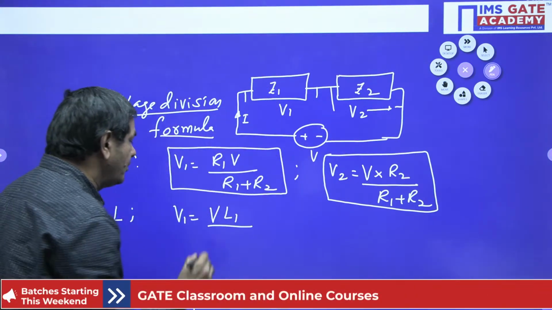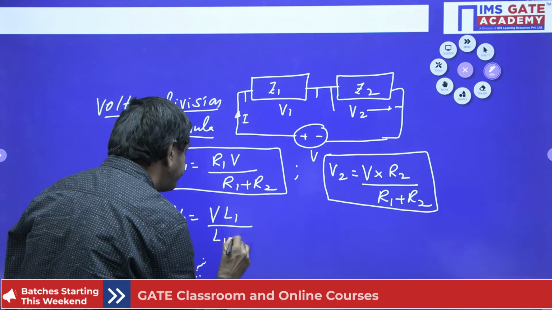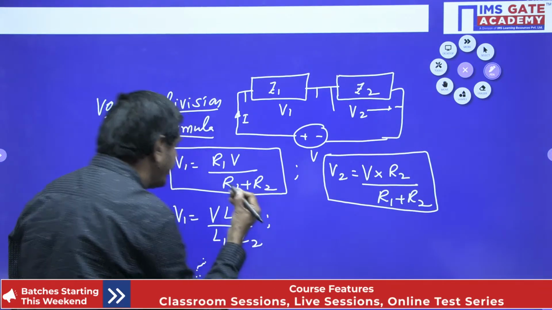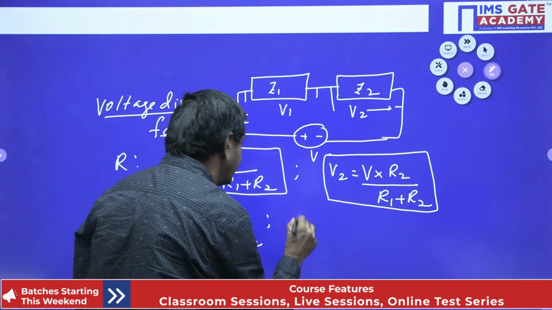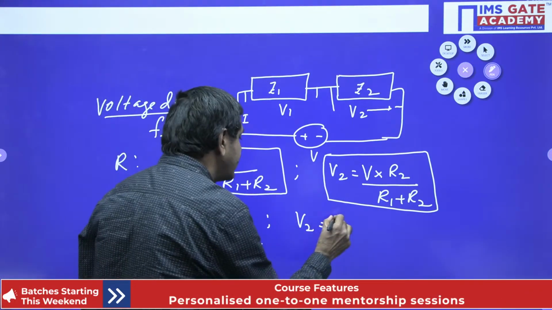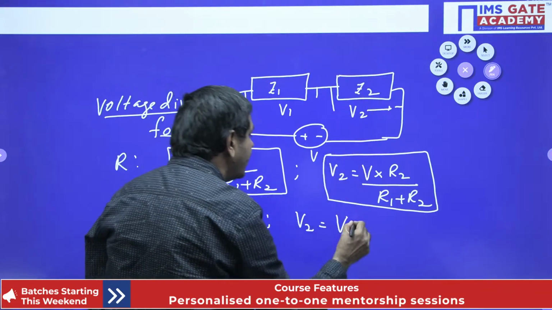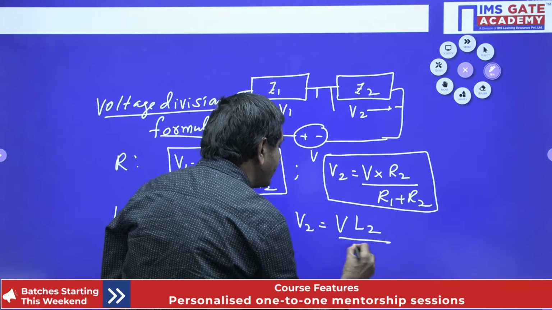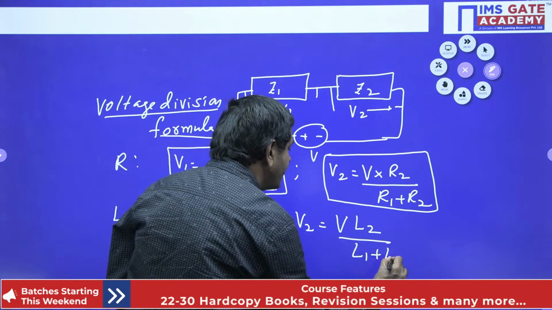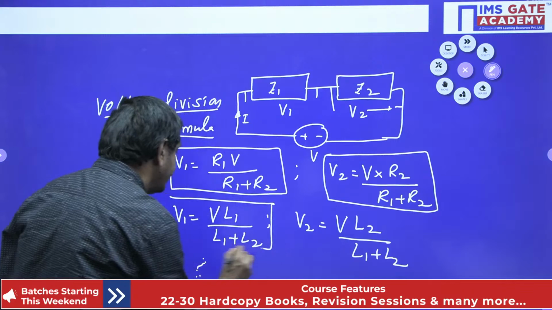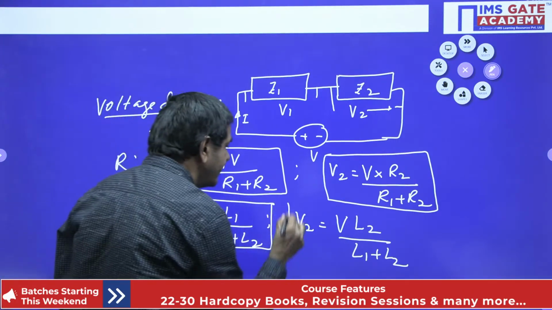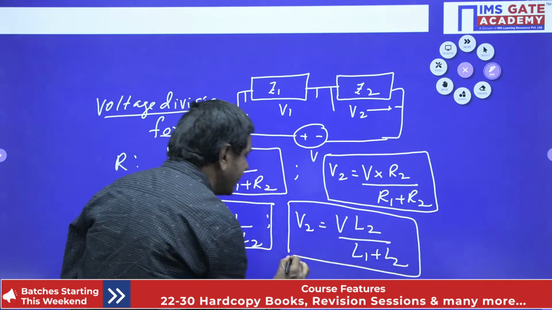L equivalent everybody knows is L1 plus L2. In the same way, for V2 you apply the supply voltage into L2 by L equivalent, which is L1 plus L2. So these are the formulas we apply for inductors: the first for the voltage across the first inductor, the second for the voltage across the second inductor.